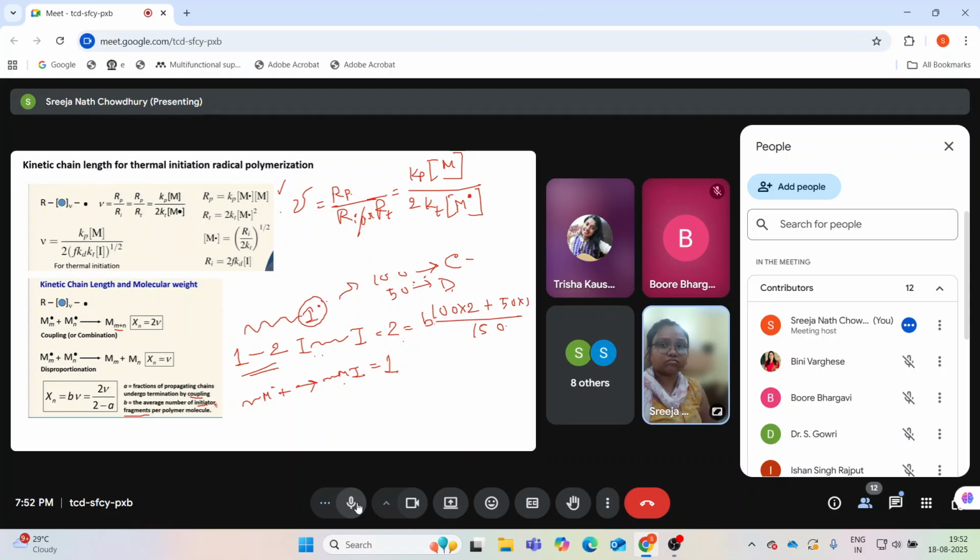At the same time, in this reaction termination is also happening, disproportionation and combination are happening, but we just forgot the termination. If we discuss only initiation and propagation, then with time the initiator molecules finding monomer molecules will be less. So it will affect the degree of polymerization and other things. Now it is clear.